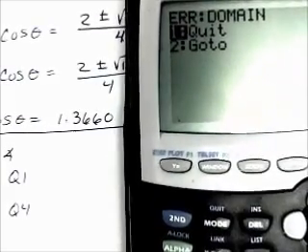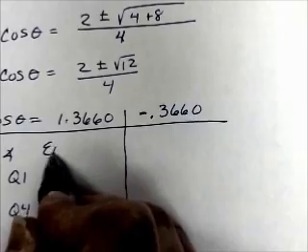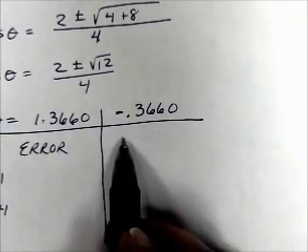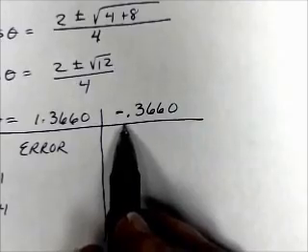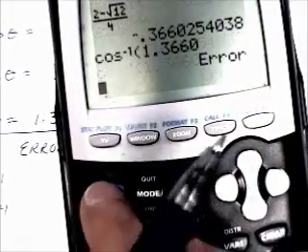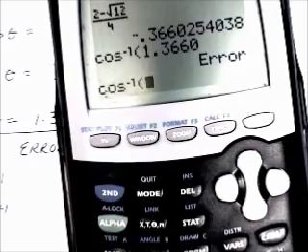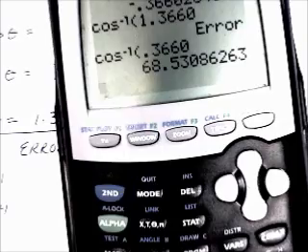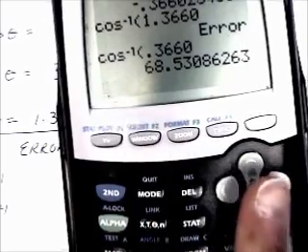Yes, gives us an error. So no angles there. Now the reference angle here, remember keying in second cos 0.3660. Reference angle is, to the nearest degree, 69 degrees.